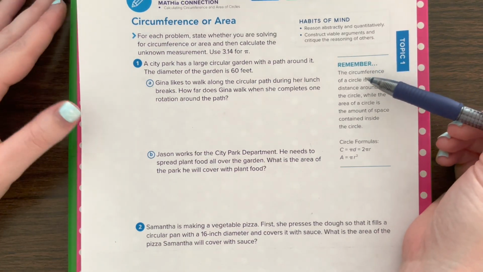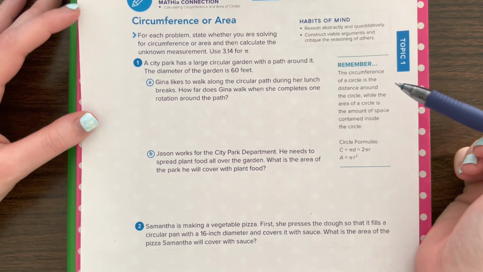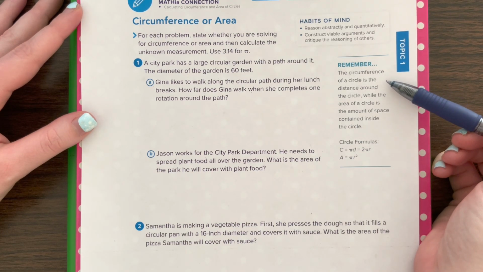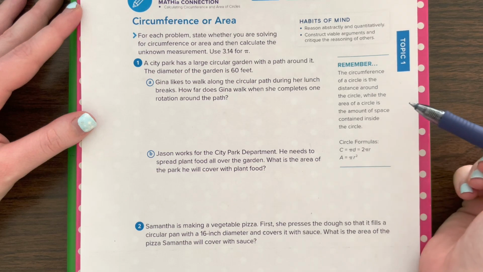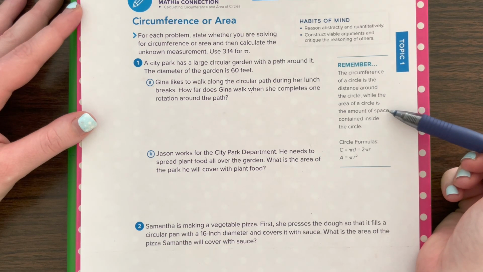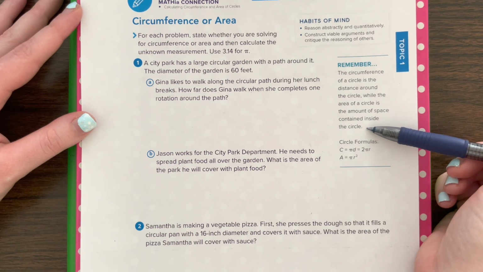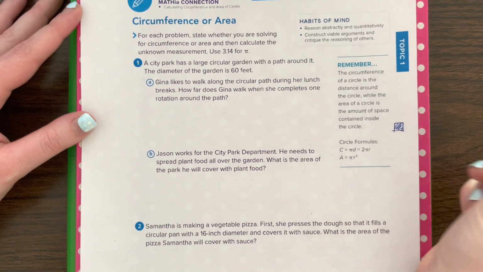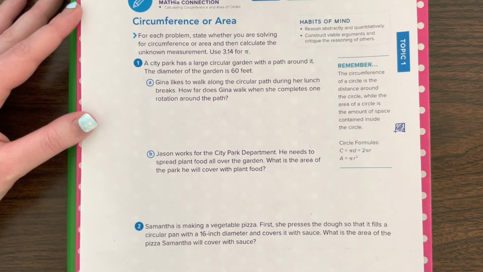Over here on the side, since this is our new curriculum, we can see it gives us a couple of little hints. So remember, the circumference of a circle is the distance around the circle, while the area of a circle is the amount of space contained inside of the circle. So think about whenever we did area of a square or something like that, it's everything on the inside. That's the same thing for a circle.